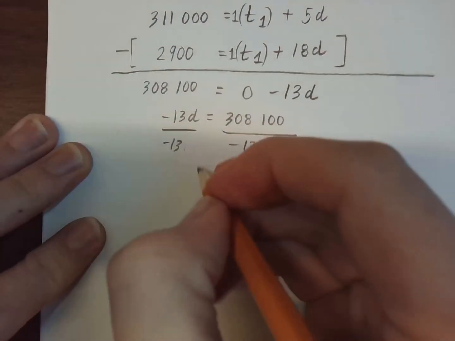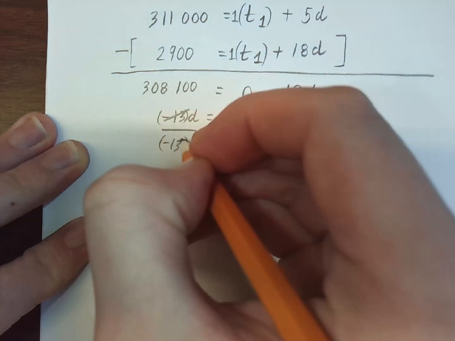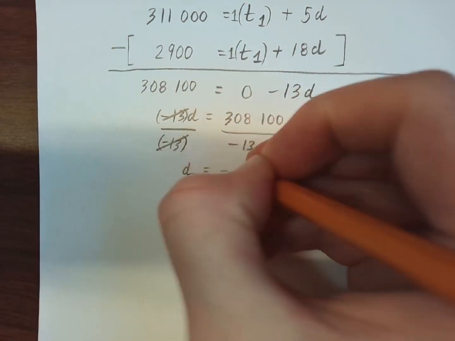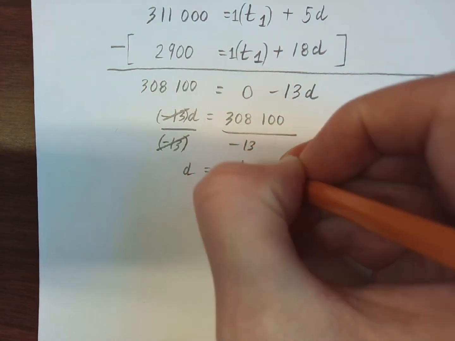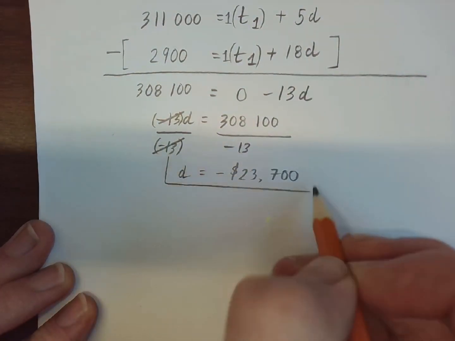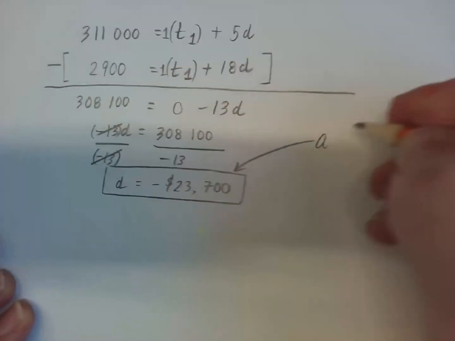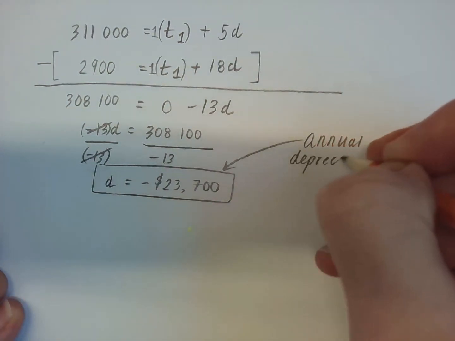These cancel out, so d equals negative 23,700. So this would be the annual depreciation.